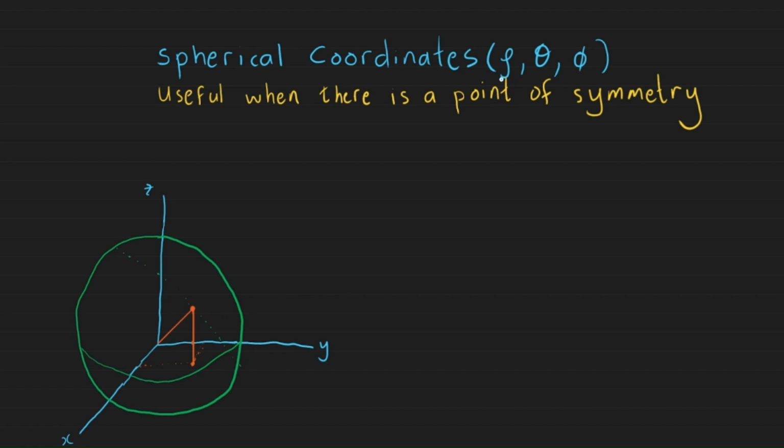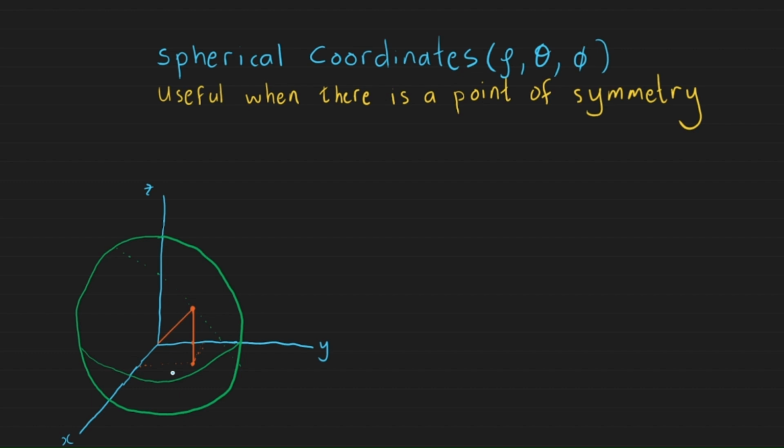Spherical coordinates is generally used when there is a point of symmetry. So we can think of a sphere and everything is symmetrical about a particular point. That is, if we think about the sphere that's been drawn here, we can see that everything is symmetrical about the point of origin. So that's what is meant by point of symmetry. And we find that when we convert an integral to this particular coordinate system, it's actually much easier to integrate.